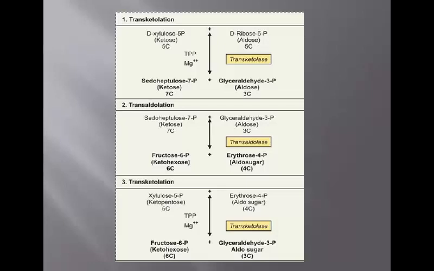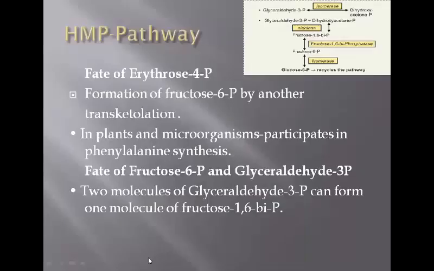And both transketolase reactions require, as I told you, thiamine pyrophosphate and magnesium ion. Simultaneously, glyceraldehyde 3-phosphate and an aldose sugar are formed. So in total 2 fructose 6-phosphate, the ketohexose, and 1 glyceraldehyde 3-phosphate are formed. Erythrose 4-phosphate, which is formed, takes part in different pathways.